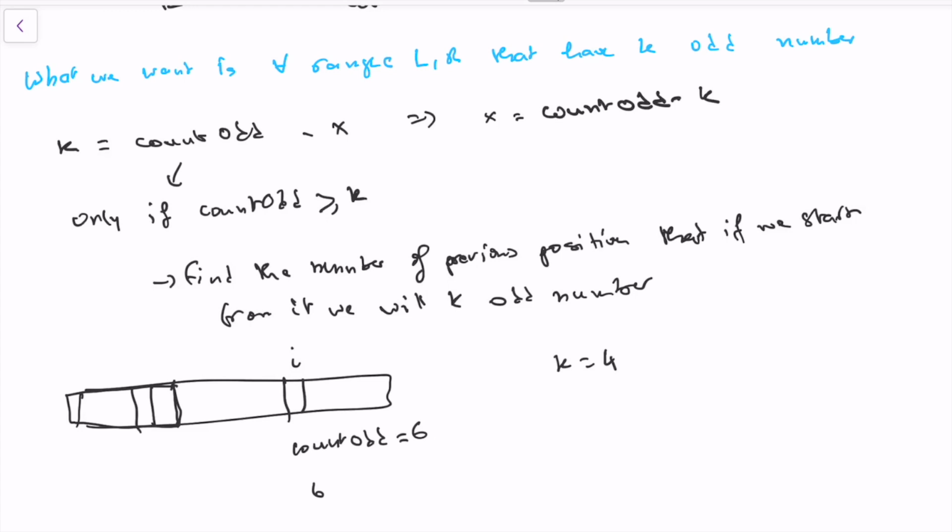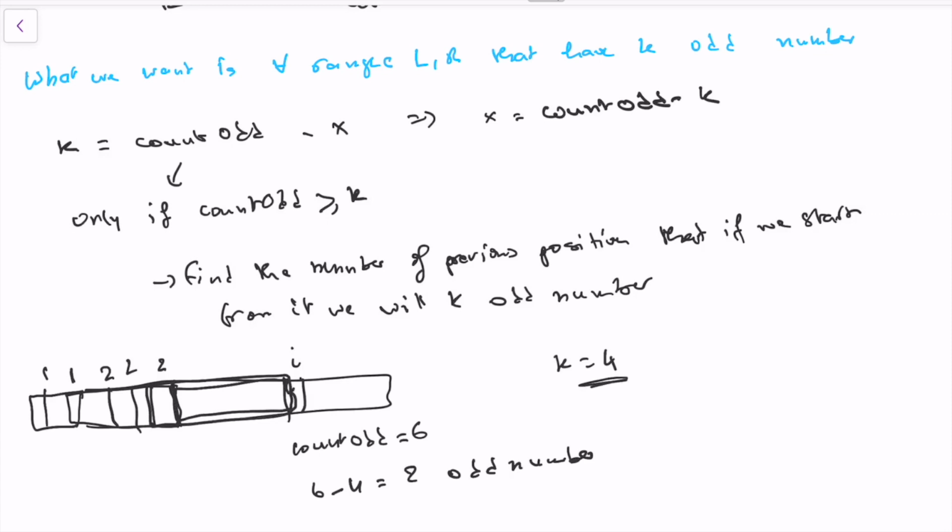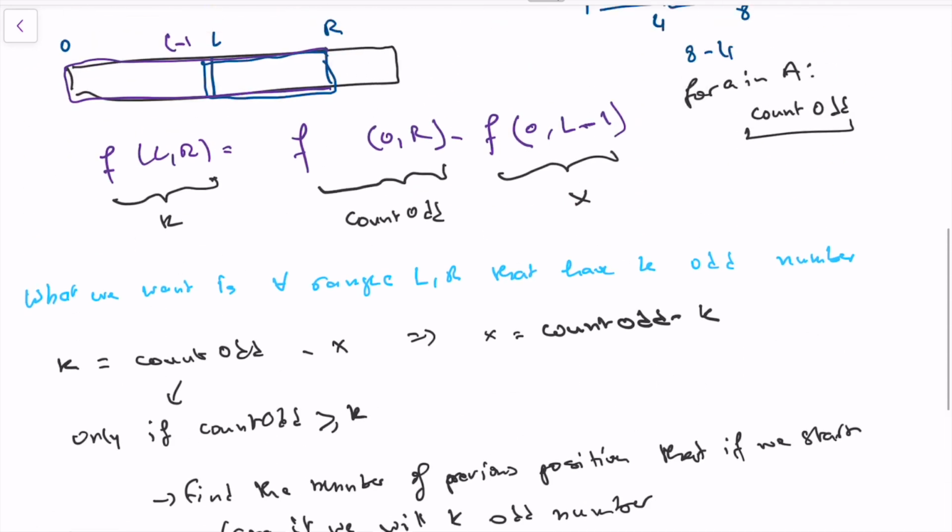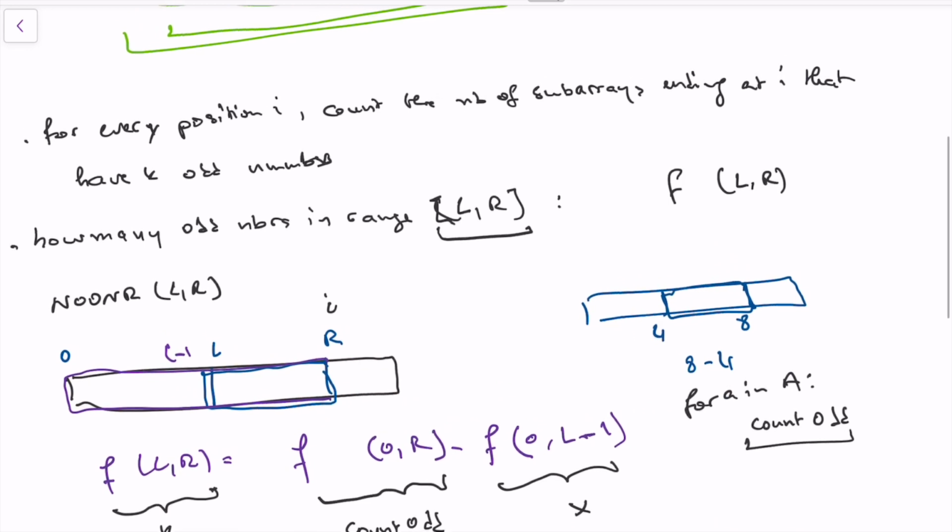So let's say k equal to 4, that have 2 odd numbers. And all these positions, if we start from them, we will have a range. So let's say here we have 2 odd numbers, 2 odd numbers, 2 odd numbers, but then here we start having 1 odd number, right? We want to count all these subarrays, because all of them will give us 4 odd numbers, right?